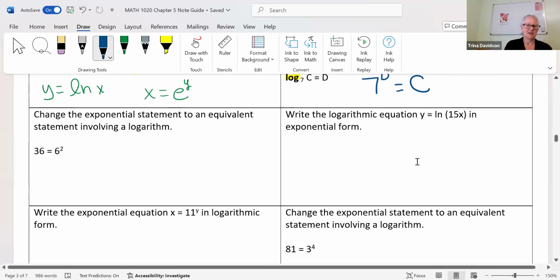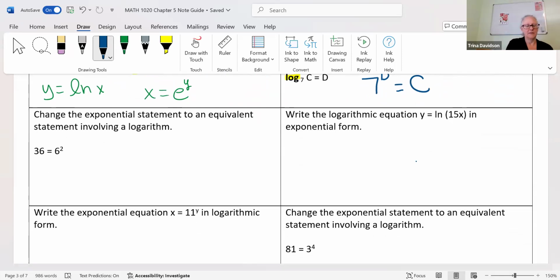This one, we need to change the exponential statement to one involving a logarithm. Our base is at the bottom. The base always has the exponent. Our base is 6. Our exponent, that's pretty easy to find, is a 2. What we have left over is our argument, 36.